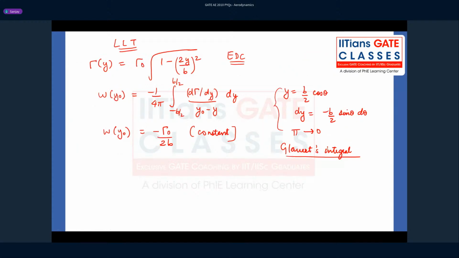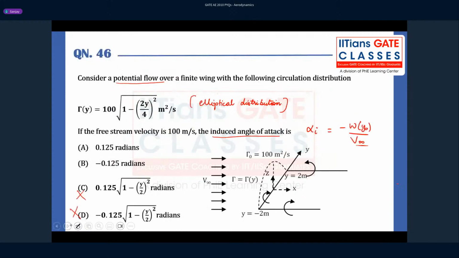If you compare this with the question that is given to you, you will find that your gamma naught and b are what? Your b is 4, and your gamma naught is 100.